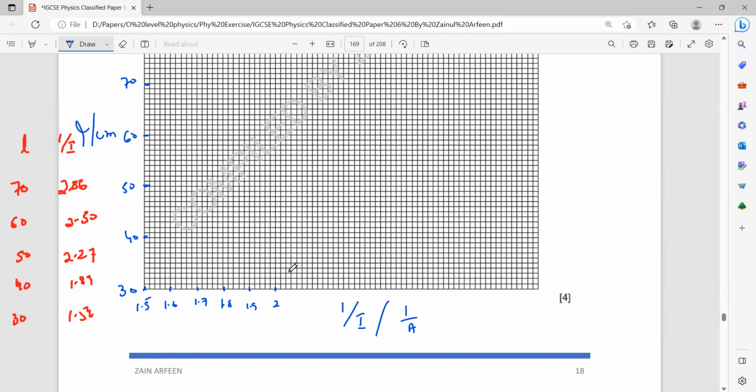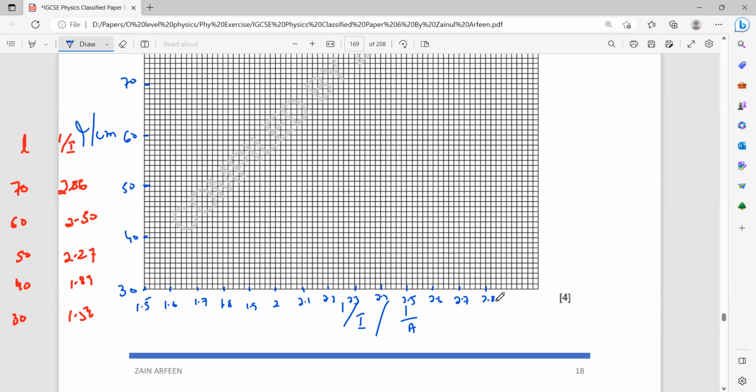If you select in this manner, this will be 2, because the maximum value we are getting is 2.86. So this will be 2.1, 2.2, 2.3, 2.4, 2.5, 2.6, 2.7, 2.8.